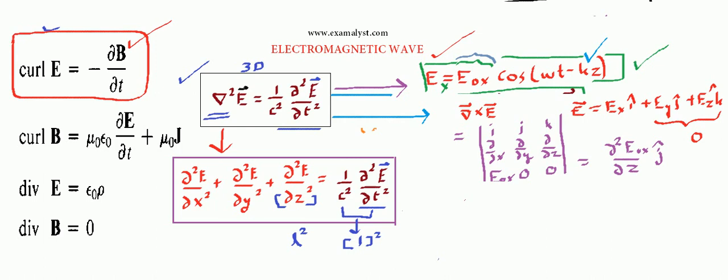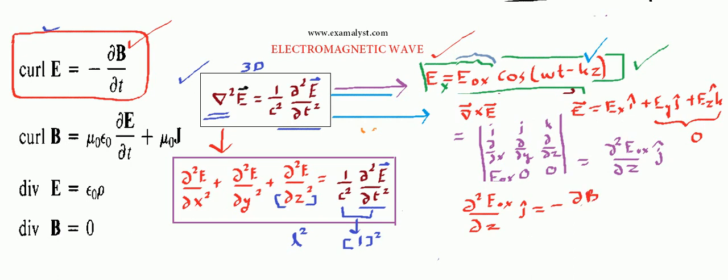I get del square of E naught x, the maximum amplitude of the electric field along the x-axis, divided by del z. And this particular term is in the j direction. And this side I'll have minus del B by del t.